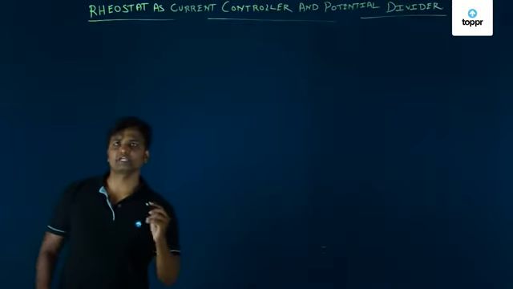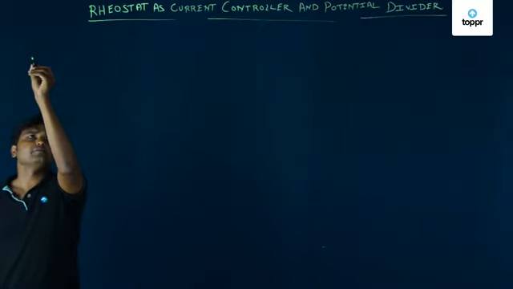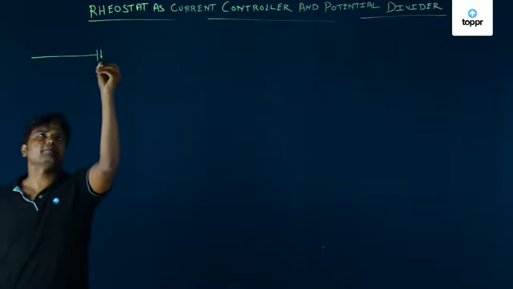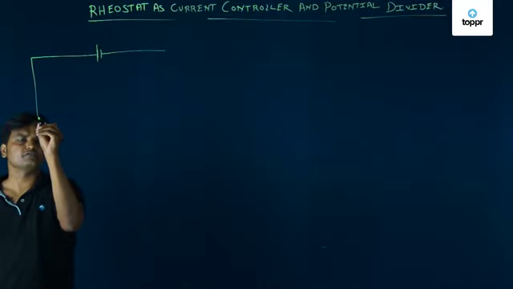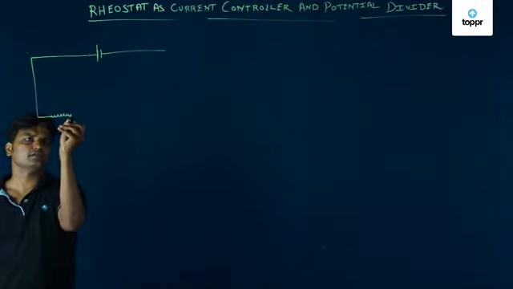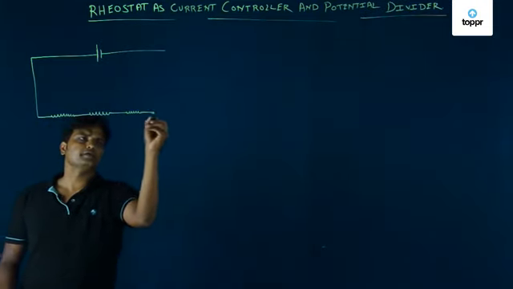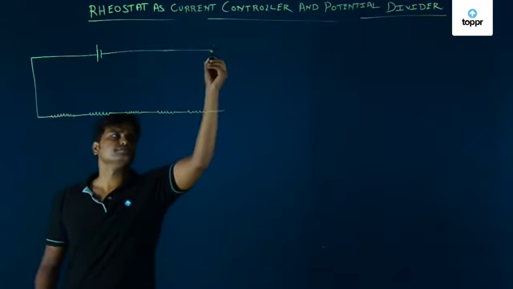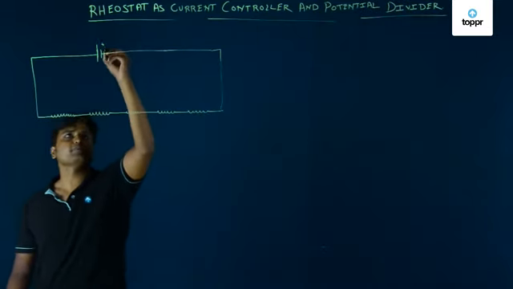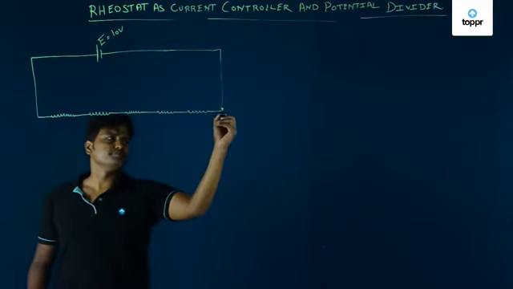Now, we'll start with an example. Let's say, for example, I am having a battery which is connected to a set of resistors, 5 resistors: 1, 2, 3, 4, 5. The EMF of this battery E is equal to 10 volt.